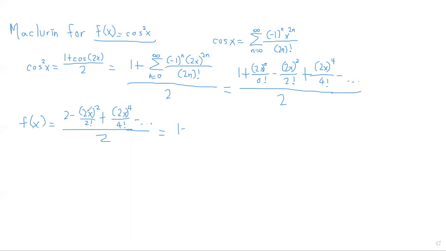So that's 2x squared is 4x squared, 2x squared over 2, plus, let's see, okay, so this is 16x to the power of 4. That's 16 over 4, that's 8x to the power of 4 over 4 factorial, minus, okay, so on and so forth.